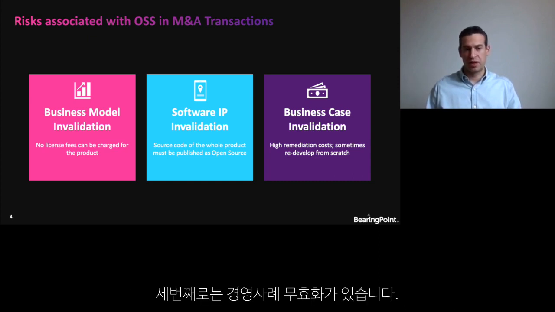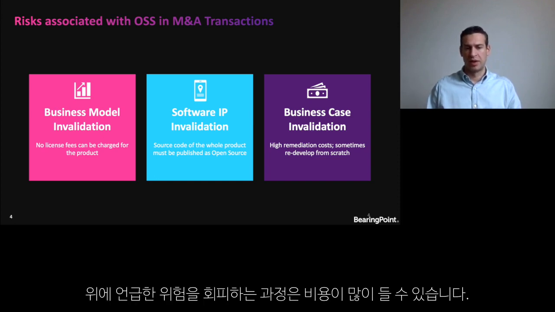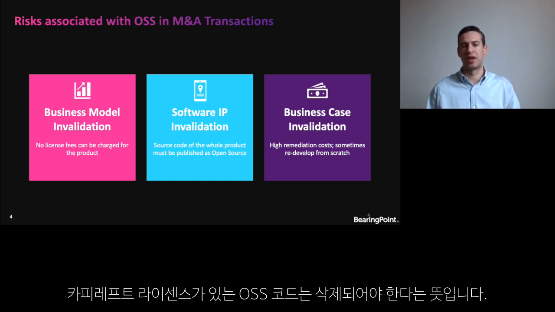As the third point, there is the business case invalidation. To remediate all the just mentioned risks, this can be very costly. It means that the copyleft licensed OSS code has to be removed from the product.